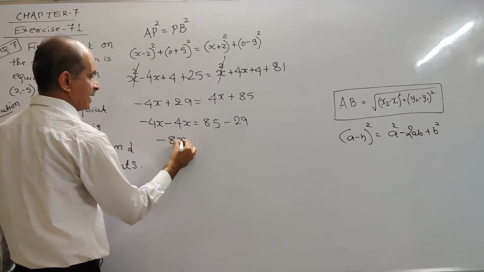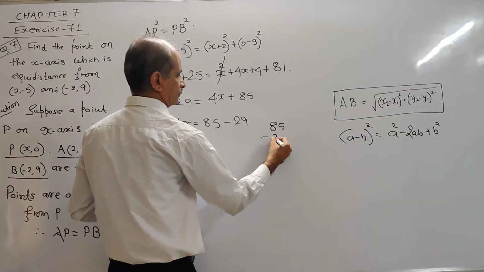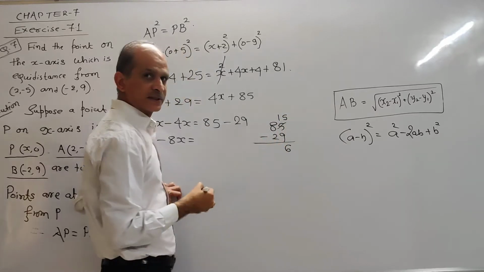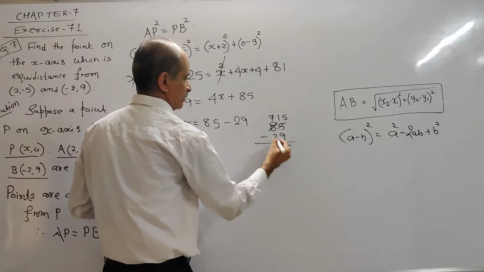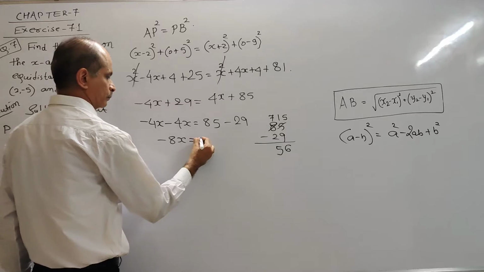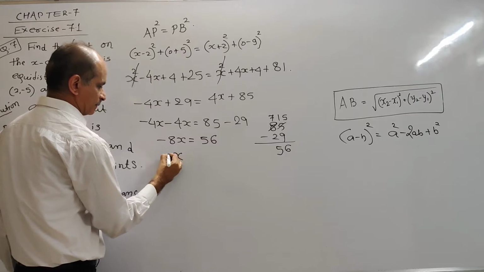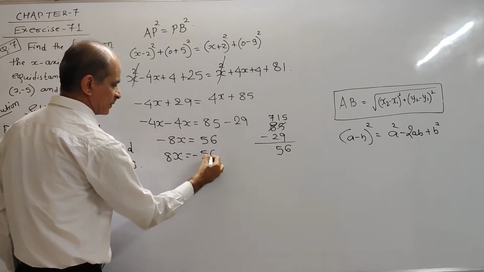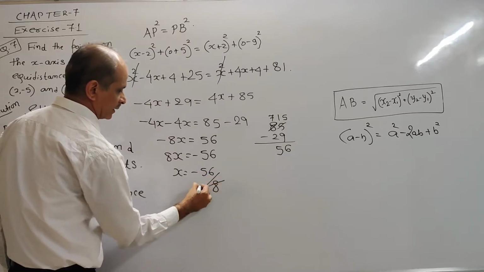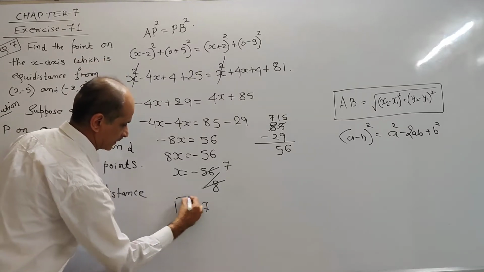So minus 8x is equal to 85 minus 29, which is 56. So 8x is equal to minus 56. You can write x is equal to minus 56 upon 8. You know 8 7s are 56. So x is equal to minus 7.